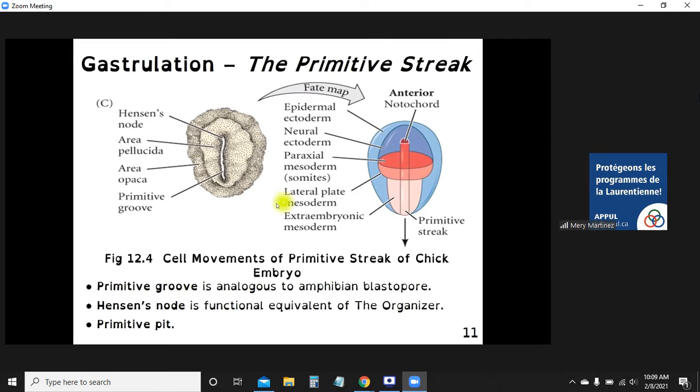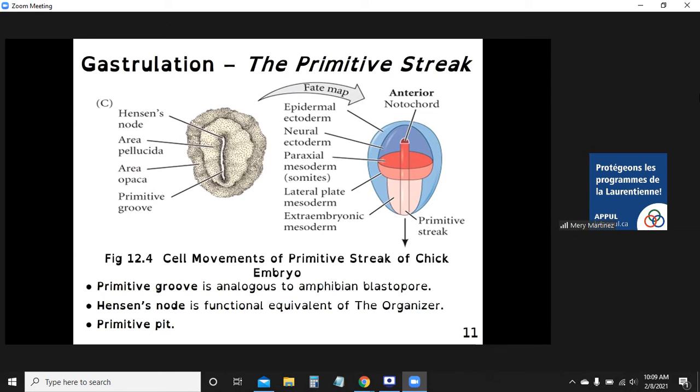So here, we started here in the Koller's sickle, and we start moving in. And as we move forward, we have the creation of the primitive groove. Okay. This primitive groove is going to accomplish a very similar action as the blastocoel. Remember the movement of the gastrula in the amphibians, how it starts moving and creating that hole?